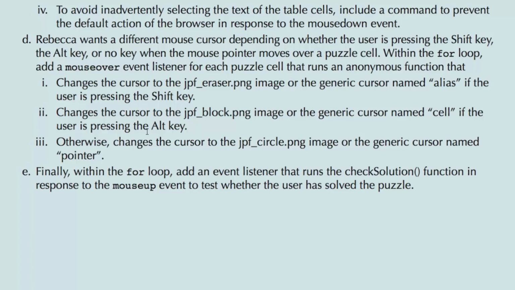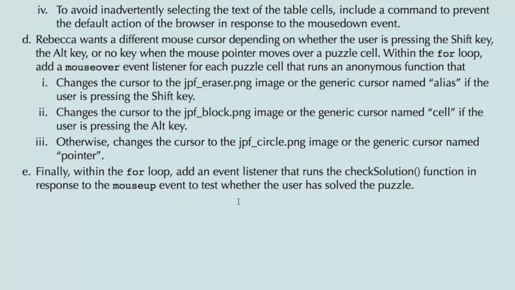And then if it's neither the Shift key nor the Alt key, we're going to add the JPF circle and the generic cursor named pointer. And then finally, within the for loop, we'll just go ahead and add this too. We'll add the event listener that runs the checkSolution function in response to the mouseup event.